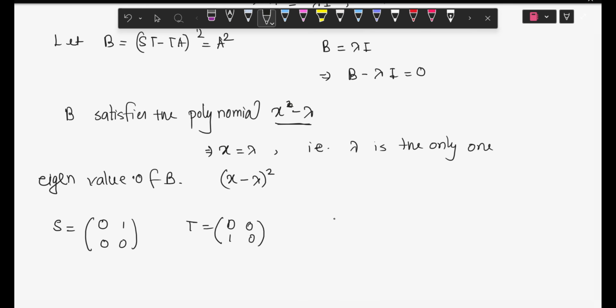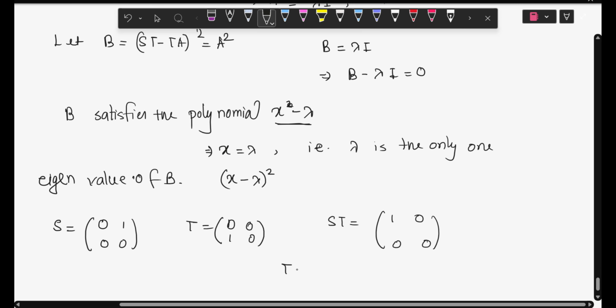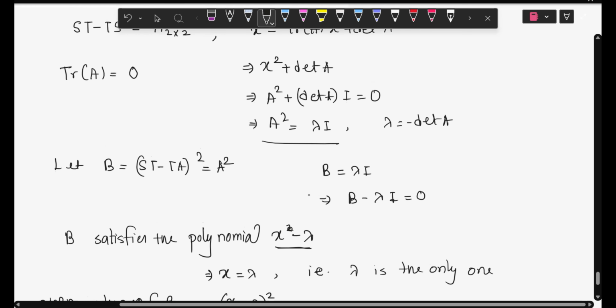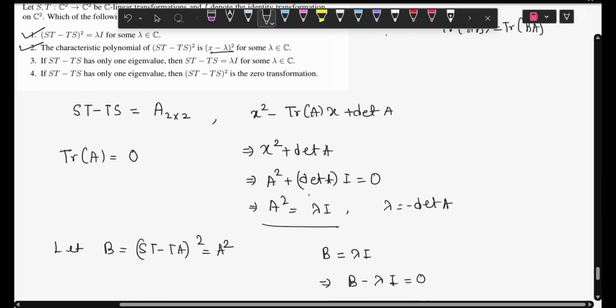So let's calculate ST. ST will be 0 1 0 0, and TS would be 0 0 0 0.